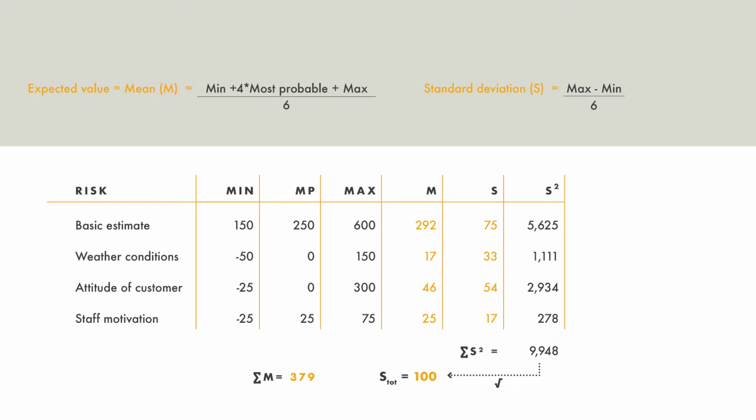Then we have calculated the variance for each distribution by squaring the standard deviation, added those variances together, and then taken the square root, and we have ended up with a total distribution standard deviation of 100. Okay, now we have the parameters of the total risk distribution. Let's see.